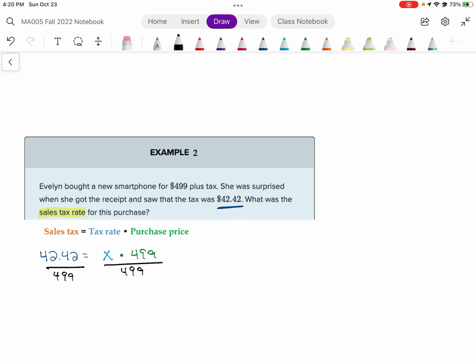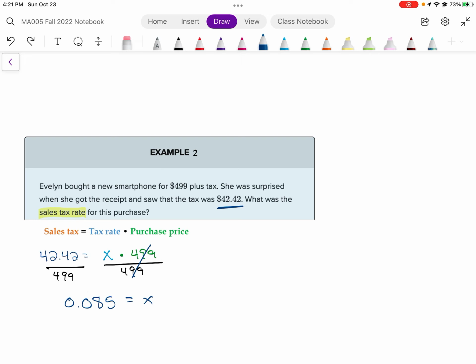And remember, X is multiplied by $499, so we want to do the inverse operation, which is division, to divide out the $499. All right, so $42.42 divided by $499 is 0.085. So that equals the X that's on the right side. Okay, so we just took this, divided it, and got that.